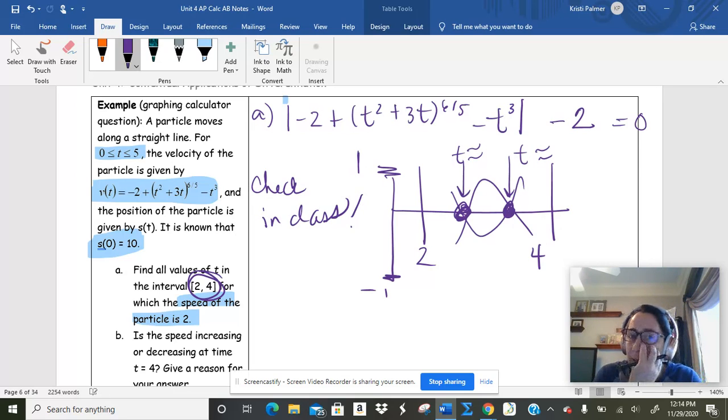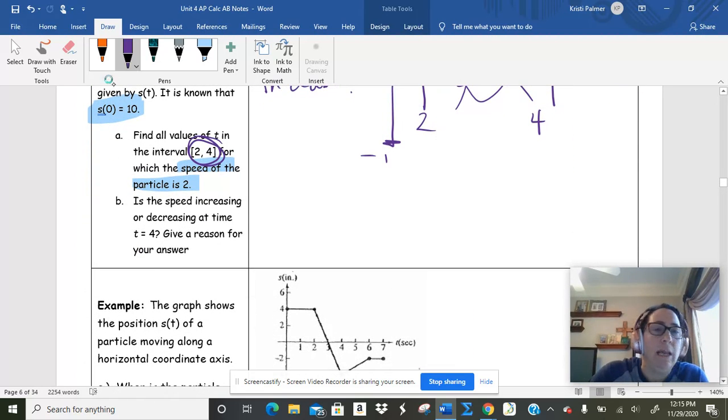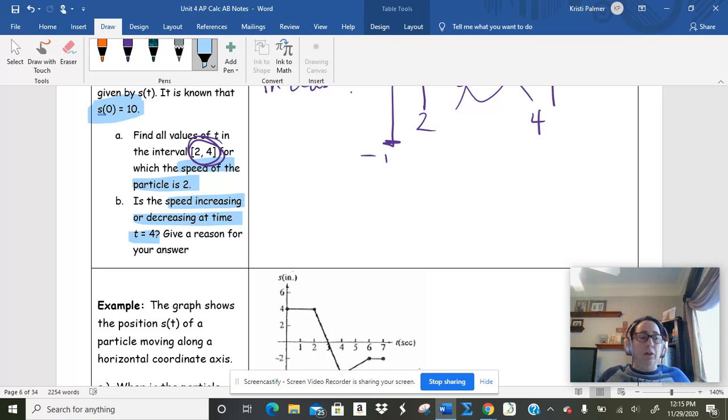So make sure you find them and then ask me in class if you got them right. Okay, so now part B, this is the newer piece. Is the speed increasing or decreasing at t equals 4? So now you have some options, okay?